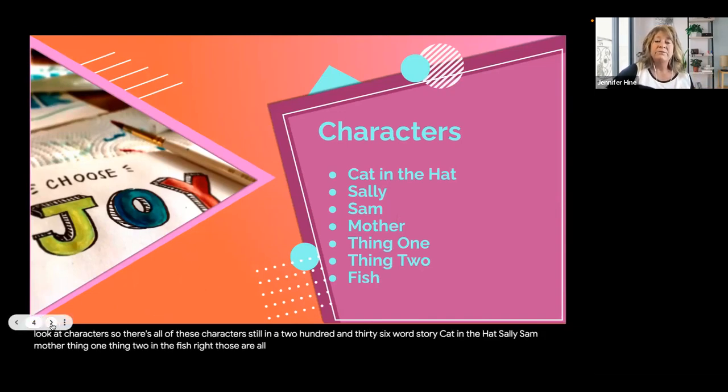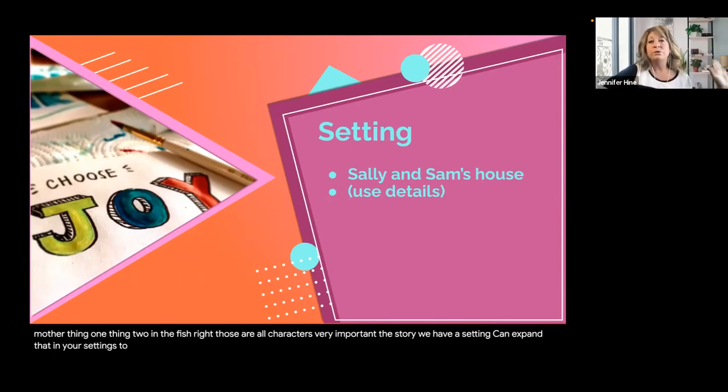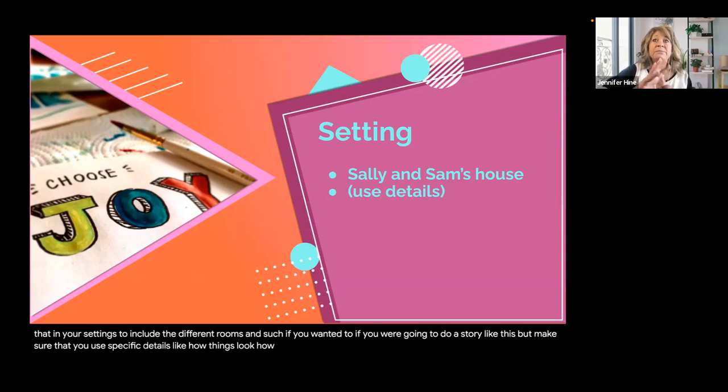Those are all characters very important in the story. We have a setting of Sally's and Sam's house. Now you can expand that in your settings to include the different rooms and such if you were going to do a story like this, but make sure that you use specific details like how things look, how things smell, feel, touch.